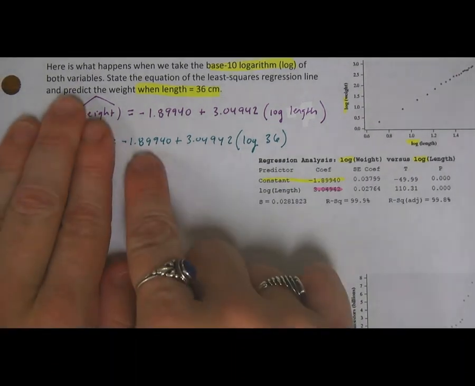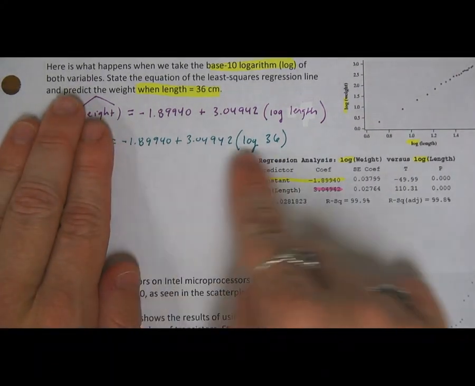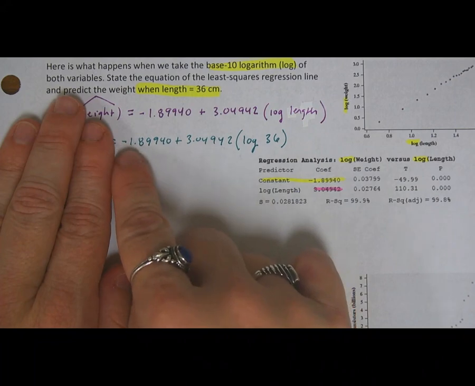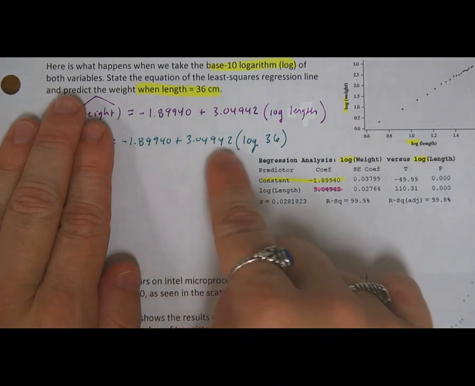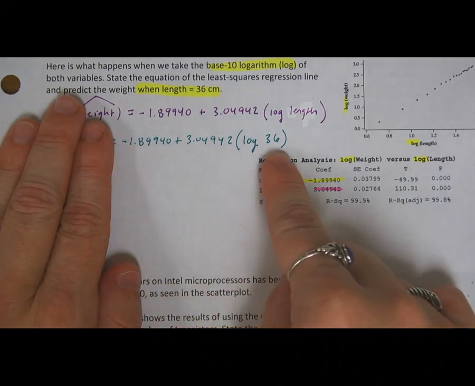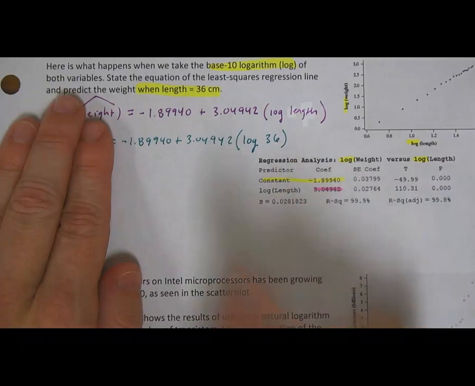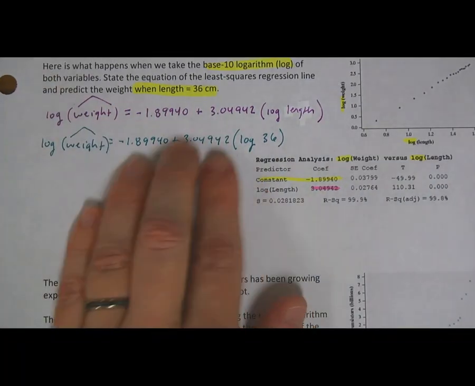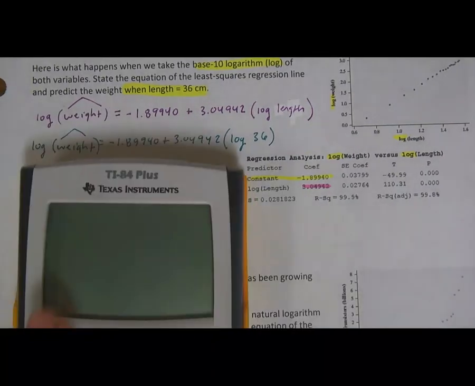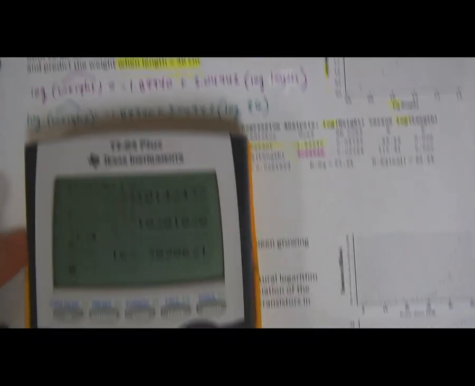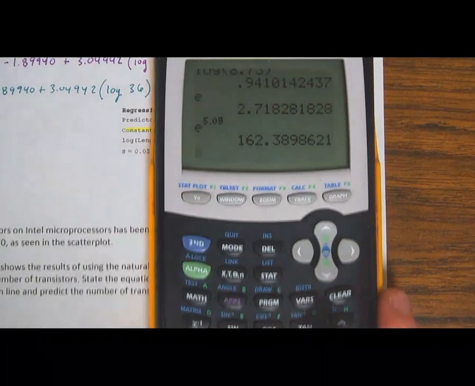There are no variables over here on the right-hand side of the equation. That means all you have to do is type this crazy looking expression into your calculator and it will tell you the value of all of that stuff. So let me do this with you because I'm not really sure what's going to happen on these TI-84s.